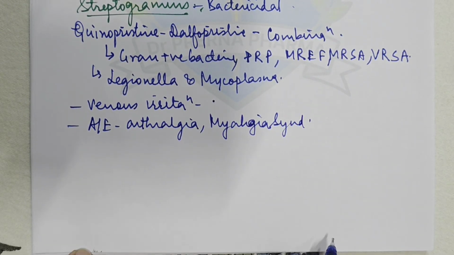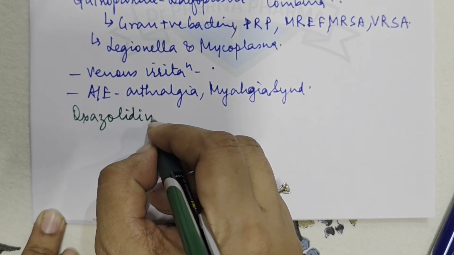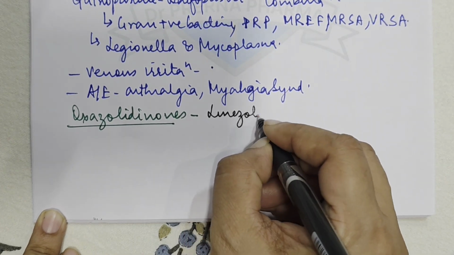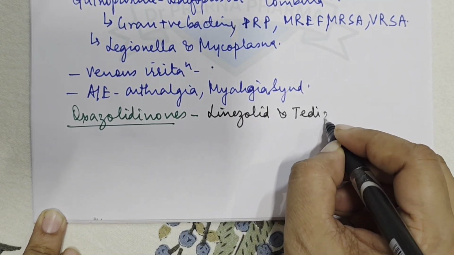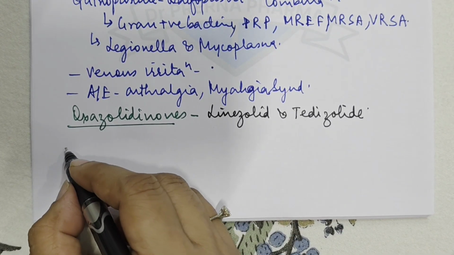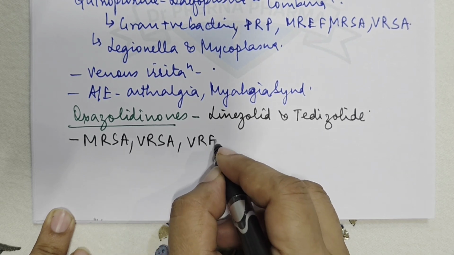Okay, then the other category of drugs that we have is oxazolidinones. Now oxazolidinones include the drugs linezolid and tedizolid. They bind to the 23S part of the 50S ribosomal subunit. Now these are active against MRSA, VRSA, and vancomycin-resistant Enterococcus faecalis as well.